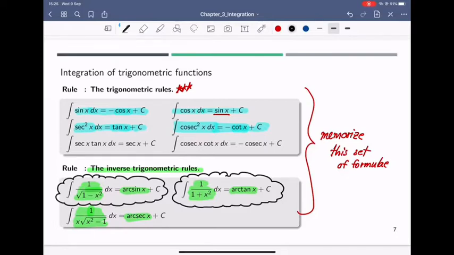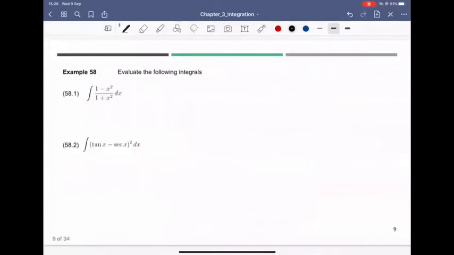By this I mean when you see the integrand that contains 1 over 1 plus x squared, your expectation is the answer can be arctan. So for this question, you have 1 plus x squared in the denominator.